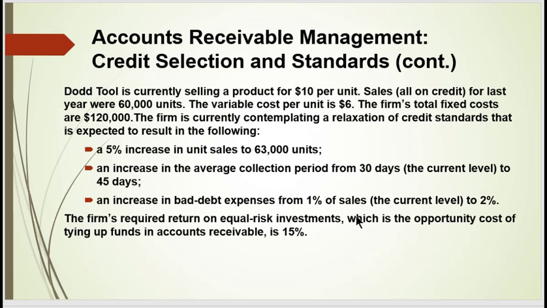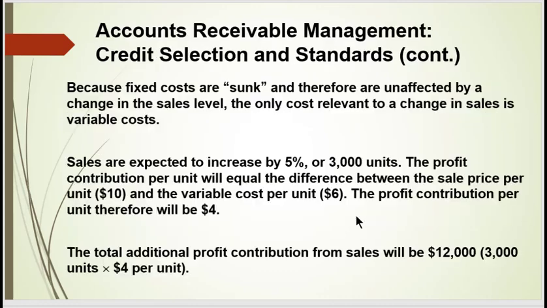So we want to talk about how we can take this information and use a technique to figure out what this is going to cost us. Is it a benefit to do this or not? Now, fixed costs are sunk, so we don't have to worry about that. They're unaffected by the change in sales level. Sales are expected to go up by 5%.